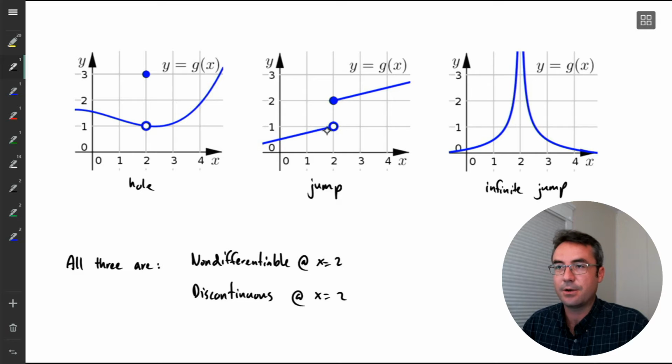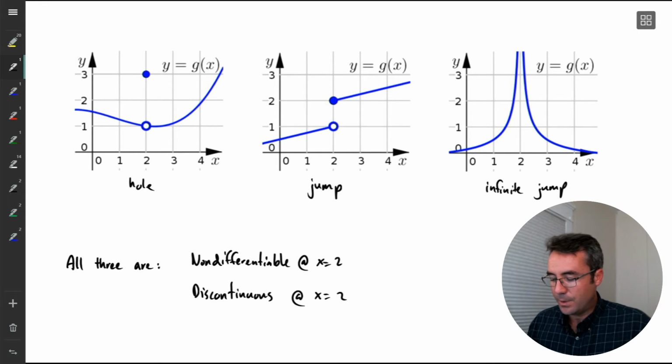Then we get around here, we have to take our pen off the page, bring it back down, draw this dot, and then keep going. And then same thing with this infinite jump discontinuity. We can draw on the left side, and we can keep going up and up and up, but eventually we have to take our pen off the page, bring it, and then continue on the right side. So each of these three graphs here are discontinuous at x equals 2.